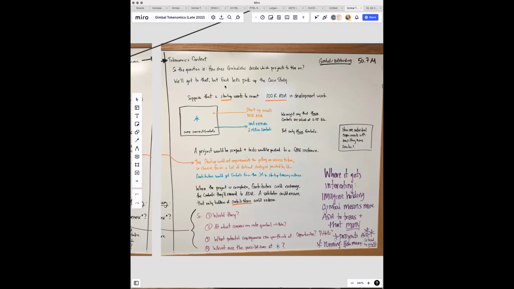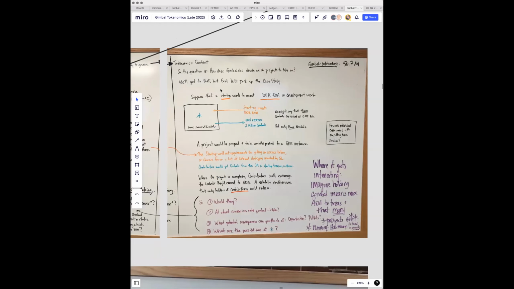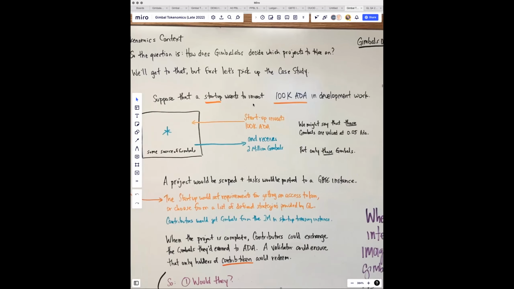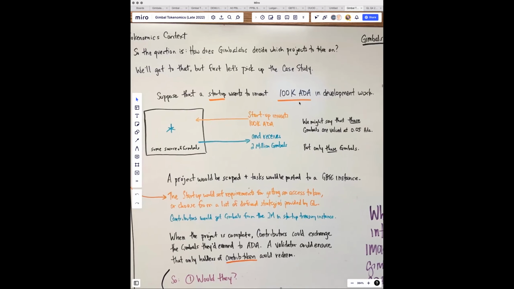If it feels exciting enough to enough of us here to work on something like this, and if the rewards are great enough to actually start building up capital at this organization with the work that we've been doing. The specific numbers don't matter here, so don't be distracted by these. Just think about the system. There's some treasury that we would share that holds ADA and gimbals in it.